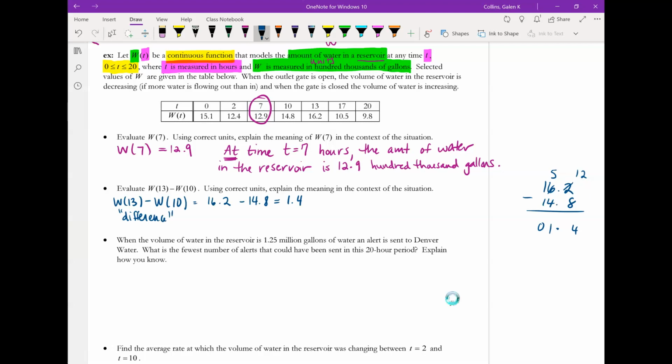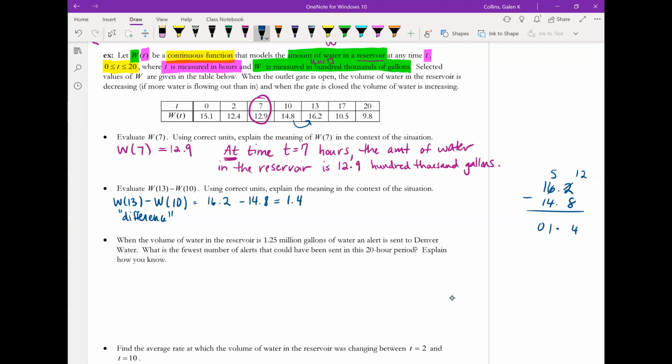So we know that at time t equals 10, the water was 14.8 hundred thousand gallons. At t equals 13, we could think of this as the difference, or I could realize too that it has increased from 10 to 13. But what we're looking at is how it changed.